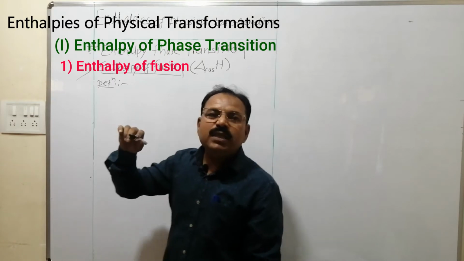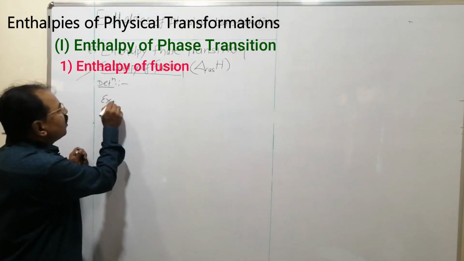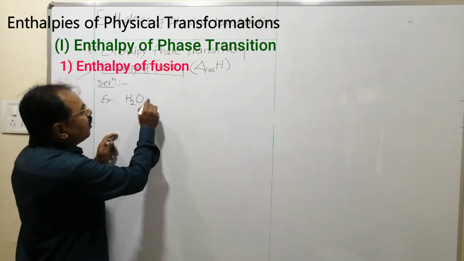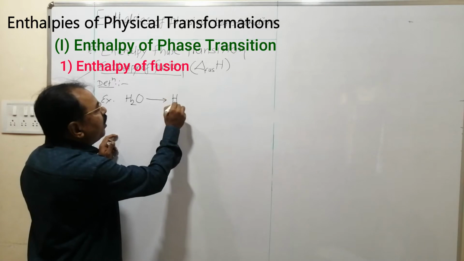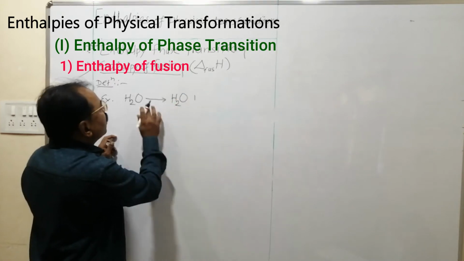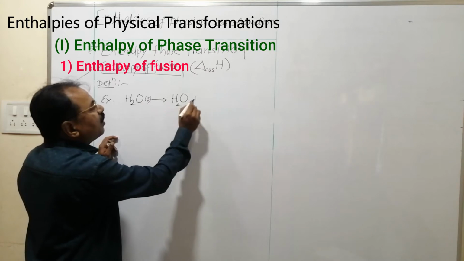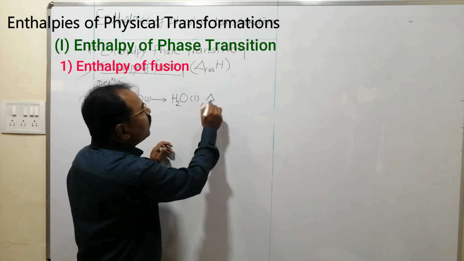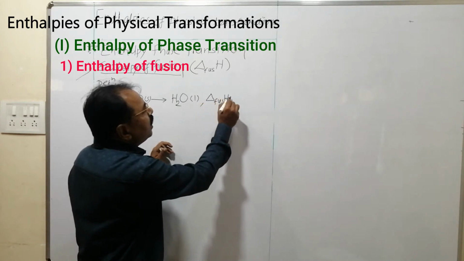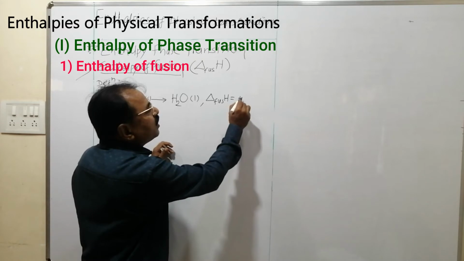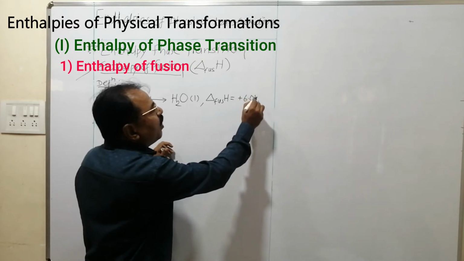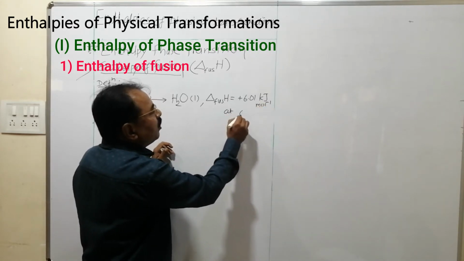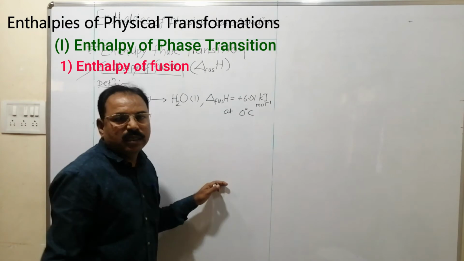We can see an example of this enthalpy of fusion. This is solid ice. Here only 1 mole is converted into liquid water. And its change in enthalpy, that means enthalpy of fusion, delta fus H, is equal to plus 6.01 kilojoule per mole at 0 degrees Celsius.